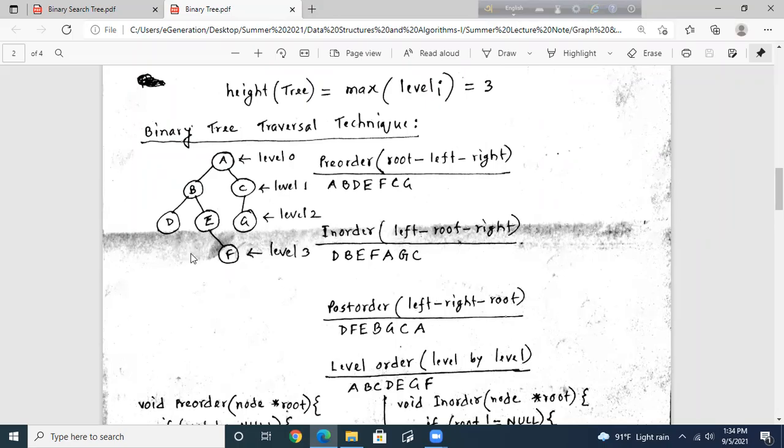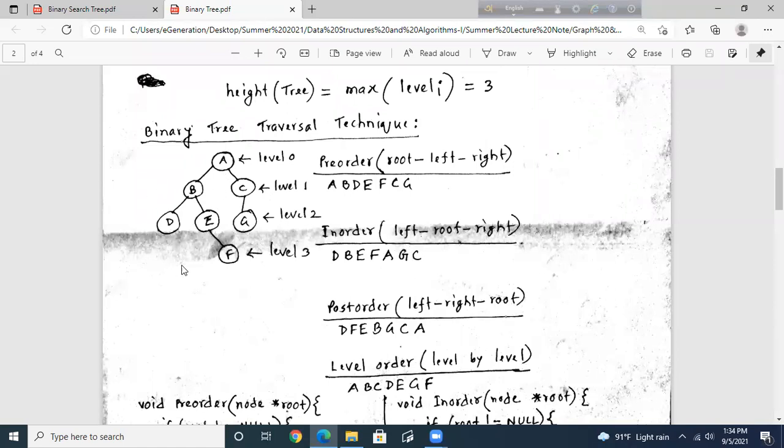So left not available, right is F, root is E, so D, F, E. Left of D completed, right of D completed, then root D completed.